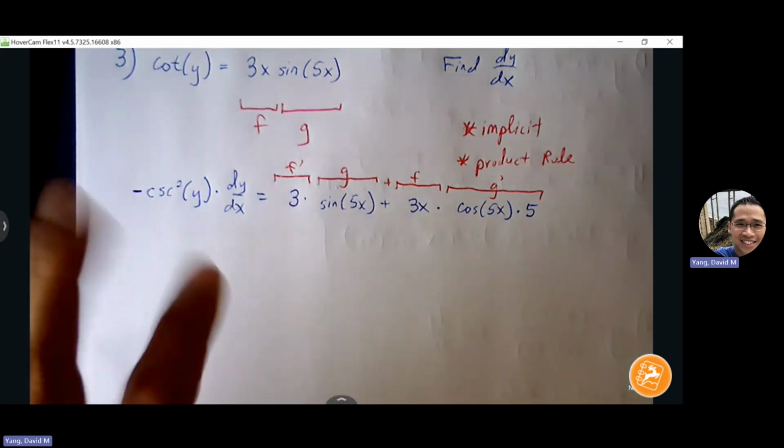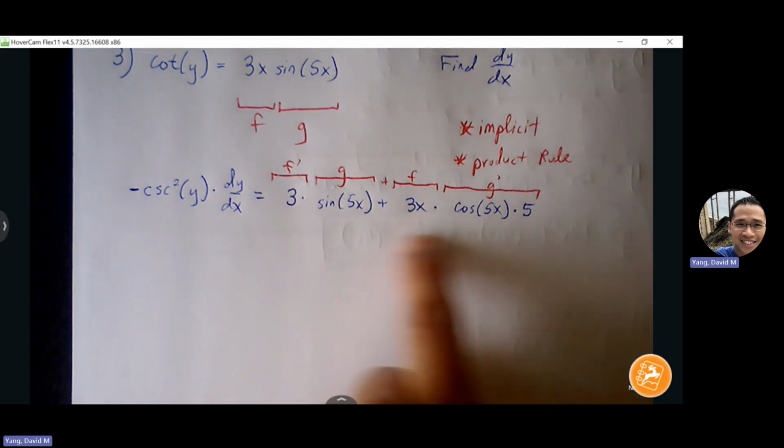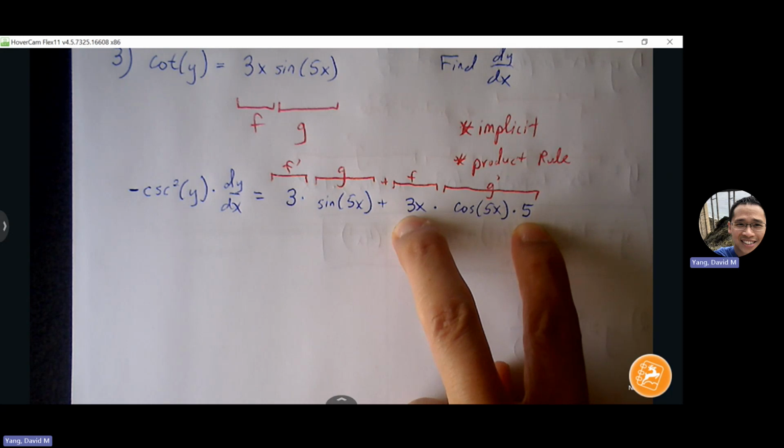Okay, in terms of cleanup, to solve for dy dx, we're going to divide by that negative cosecant squared y. I'll do a little bit of cleanup here. I can merge the 3x and 5 together, and that's about all I can do in the numerator.